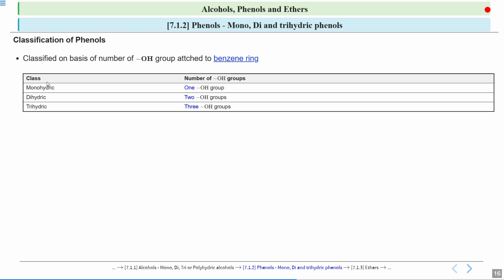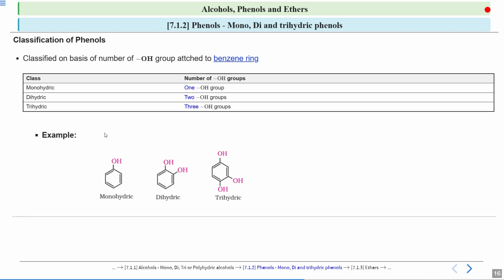They are termed monohydric if the number of hydroxyl groups in the phenol is 1. If 2 hydroxyl groups are present, then it will be dihydric. If 3 hydroxyl groups are present, then it will be trihydric. For example, this phenol is monohydric.